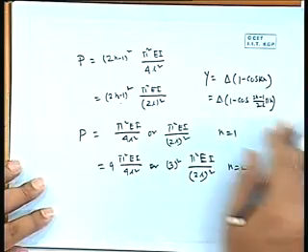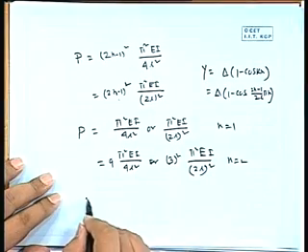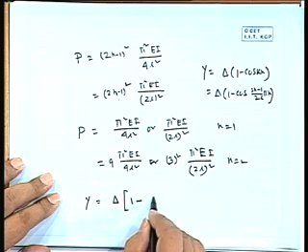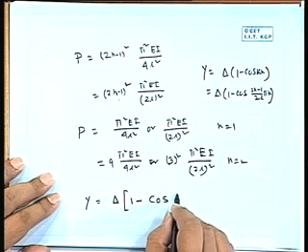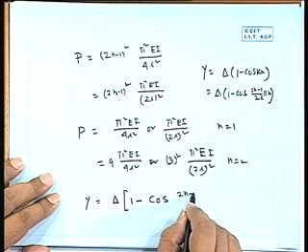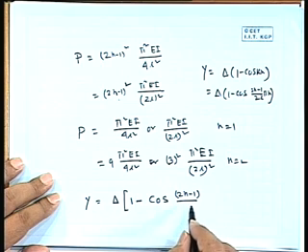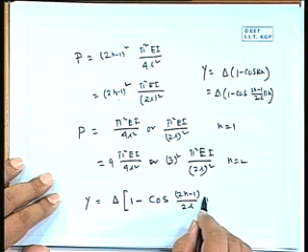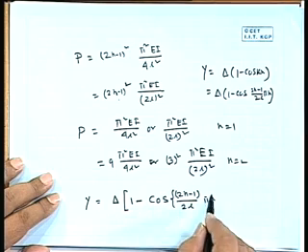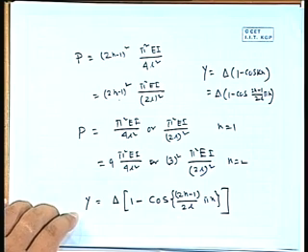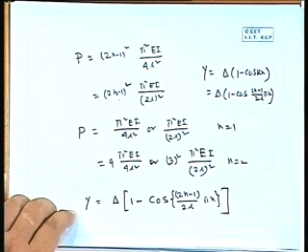I think it became very small size, we can write y equal to delta (1 minus cos ((2n minus 1) pi x by 2L)), right? So that will be the expression for the deflected curve.